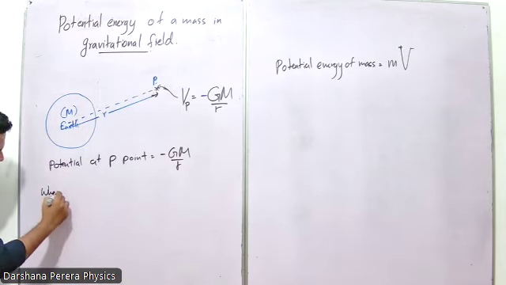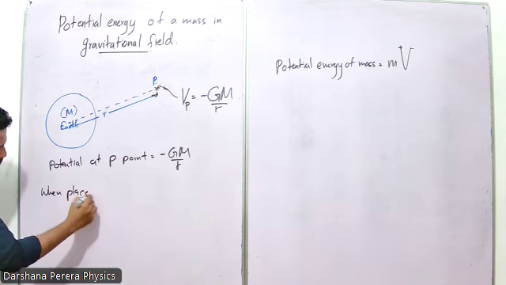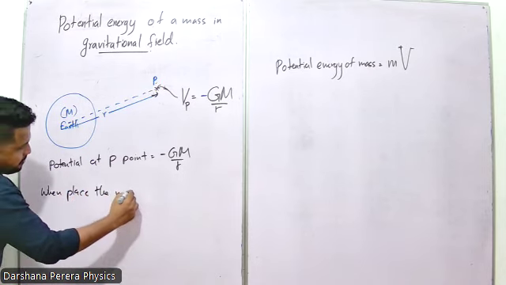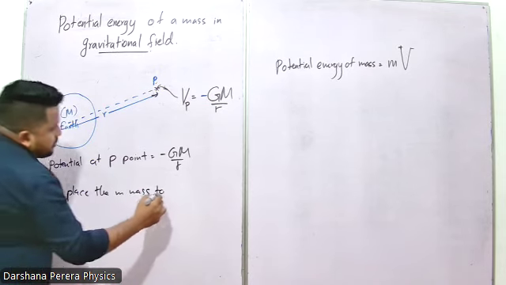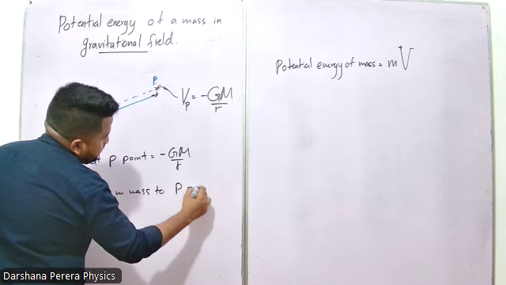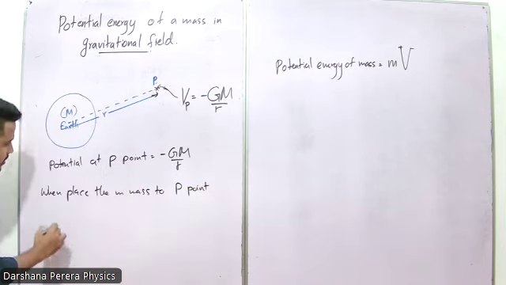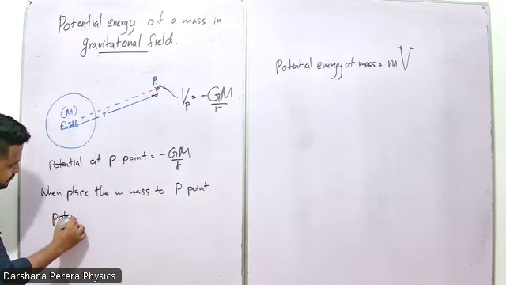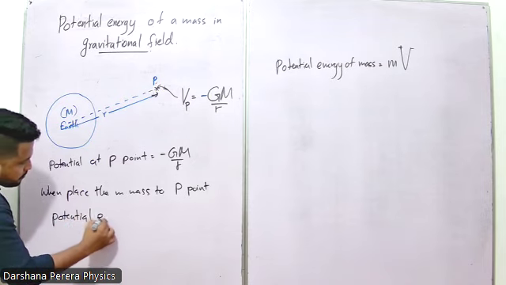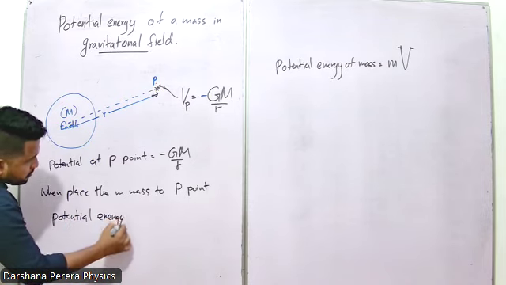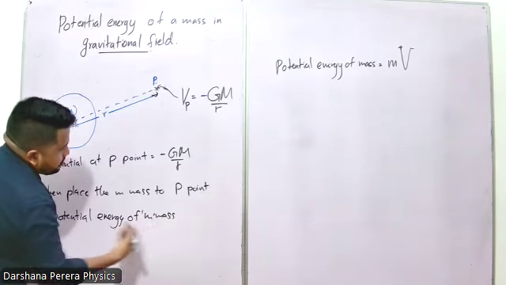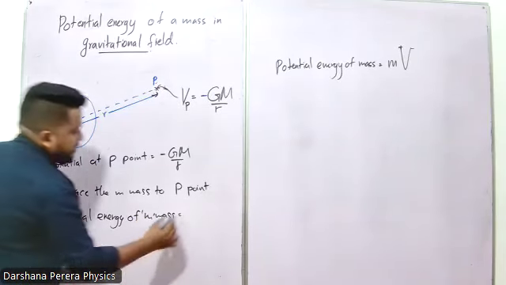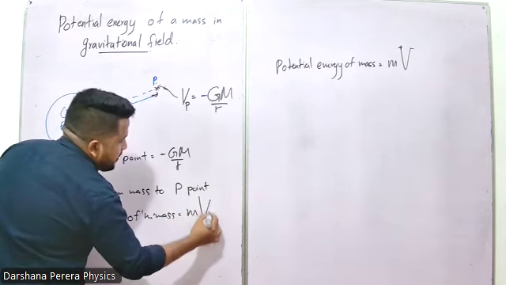When we place the mass m at point P, the potential energy of mass m equals m into Vp.